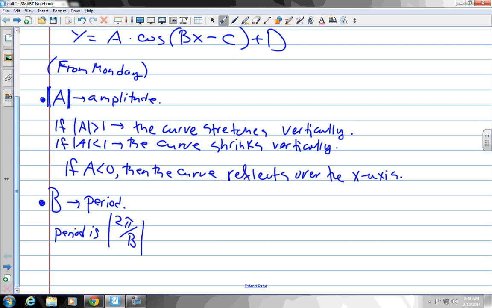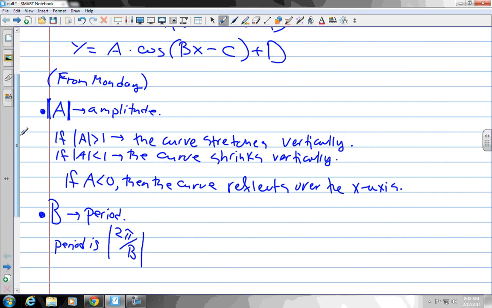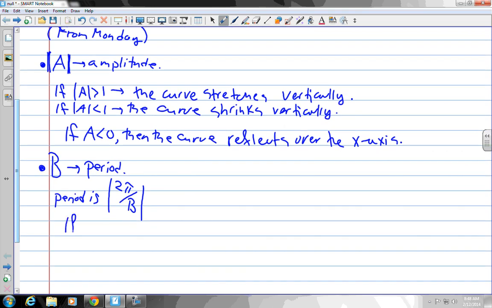Then again, the sign of b does not matter as far as affecting the period of the function. If b is negative, all it's going to do is reflect the curve over the y-axis, right?